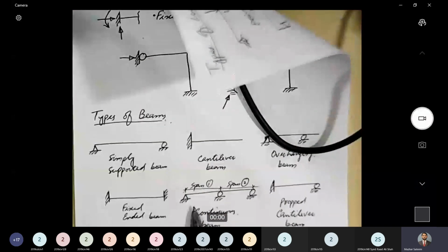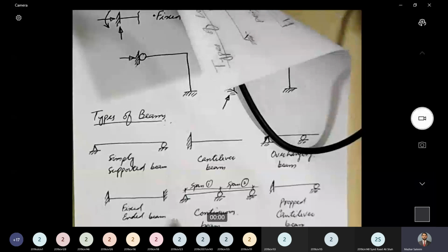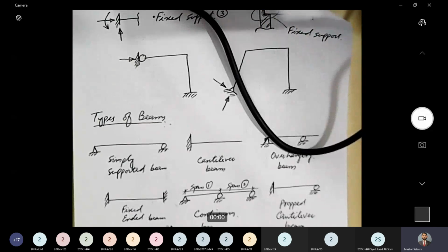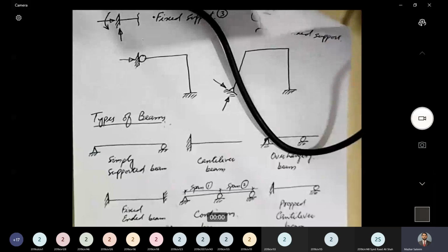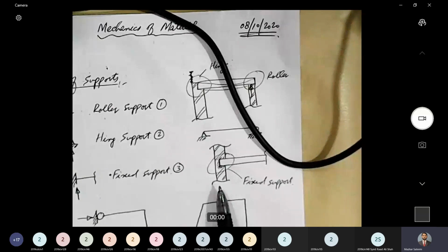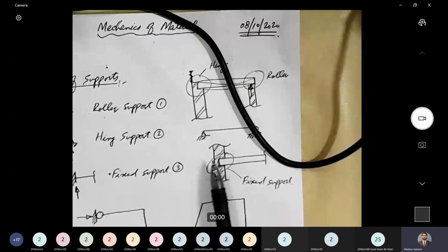But as a beginner at this point, just by looking at the beams, it is probably hard for you to judge whether it is a simply supported beam or a fixed-ended beam. But I tell you one thing: if a beam is just supported on walls, if there are just two walls and the beam is resting on them, or even if there is a brick column underneath the beam and above the beam as well, that brick column will not provide fixity at the end condition.